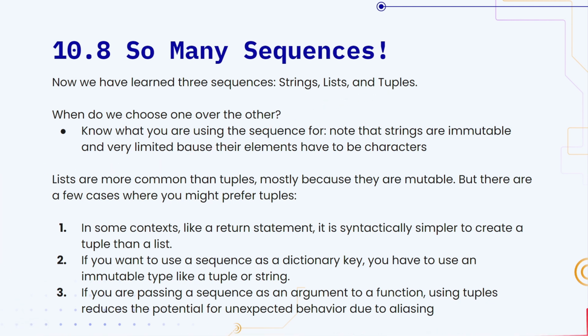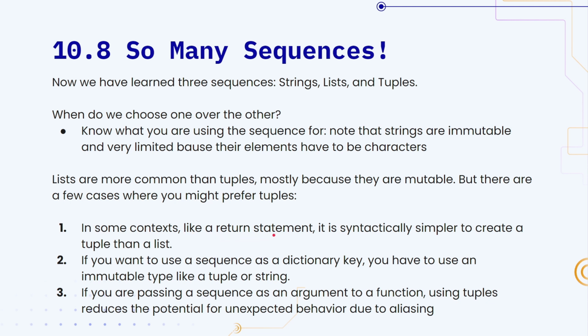So you could use these common tips that I like to use to find out which one you want to use. One thing you want to know is that lists are more commonly used than tuples because lists are mutable, and tuples are immutable. So you might want to use a tuple over a list in some contexts, like when you want to use a return statement.